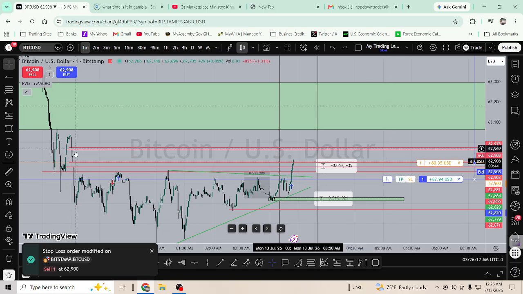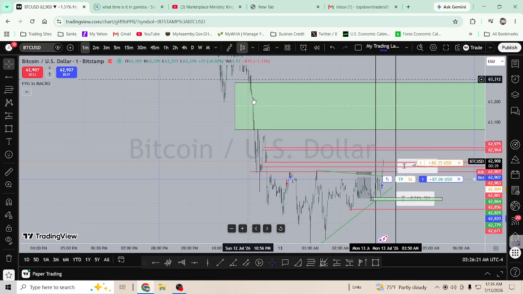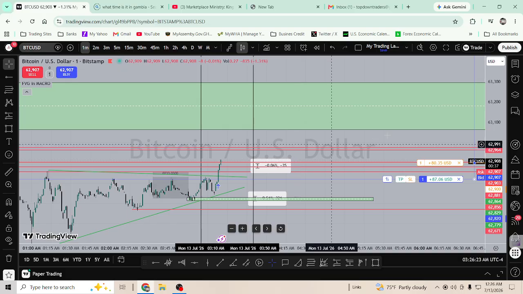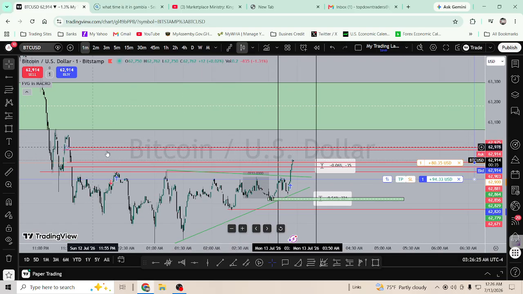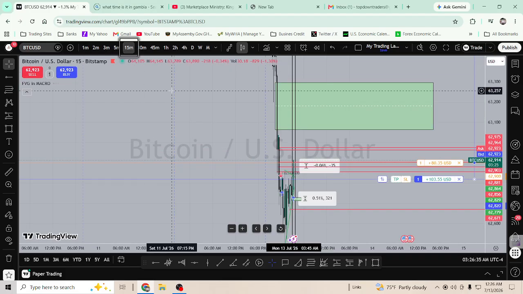We have another liquidity void here. On a higher time frame, this is a fair value gap. So price may reach up until this area right here and then proceed higher. And it may go to the consequent encroachment or the 50% level of this, which should be a 15-minute fair value gap.